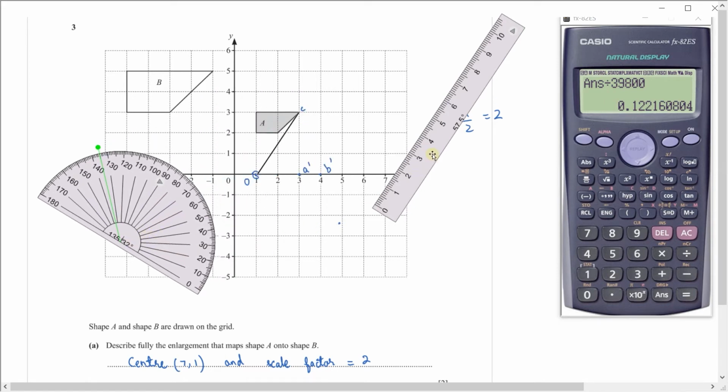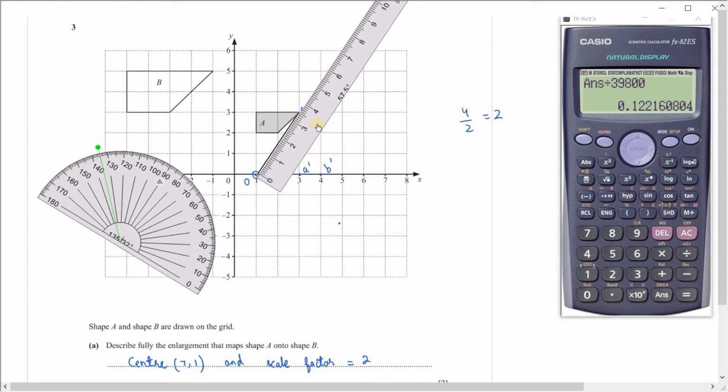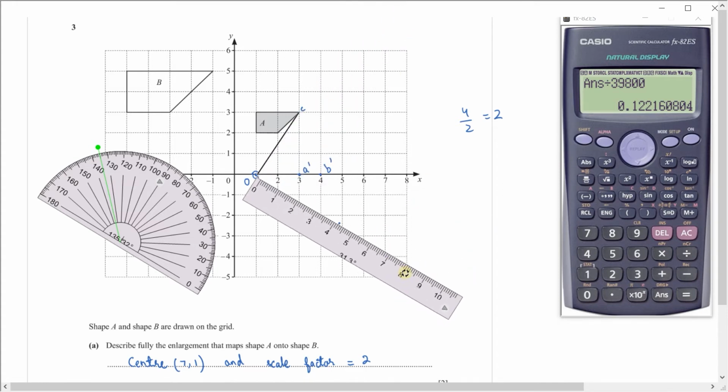And then again I will measure the length. So this is almost 3.5. So when I go in this direction, the same distance, 3.5 in 90 degrees. So let me align it again.